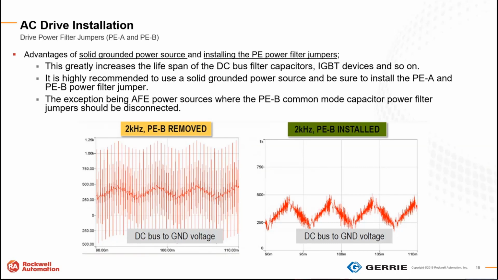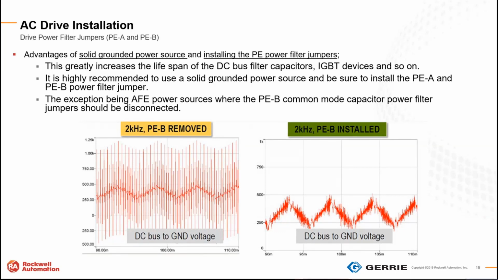The plot on the left is with the PE jumper removed, so it's disconnected. The jumper is in the improper position on the left hand scope, and on the right hand scope it is properly connected, and you can see the amount of noise that's in there.